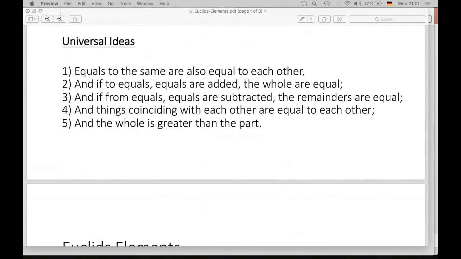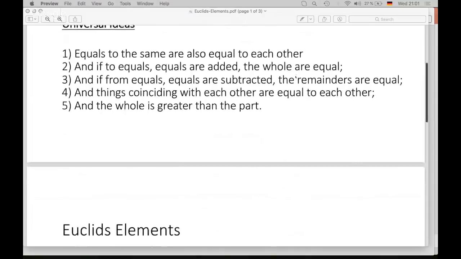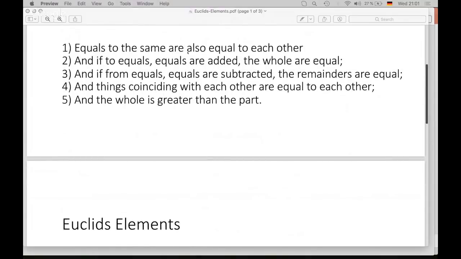It seems like a fairly self-evident statement, and as soon as you understand what these words mean, you will agree that if something is the same as something else, then the two first things must also be equal to each other, right? And also, if you add equal things to equals, then at the end it's going to be equal.